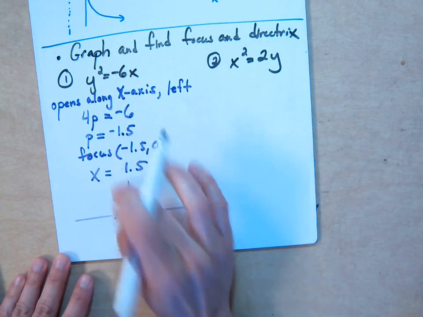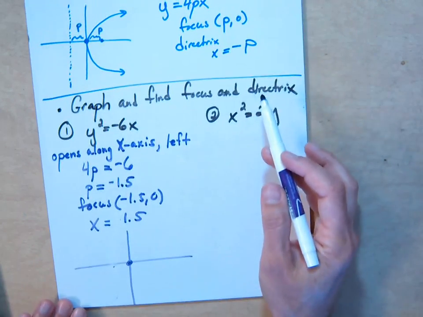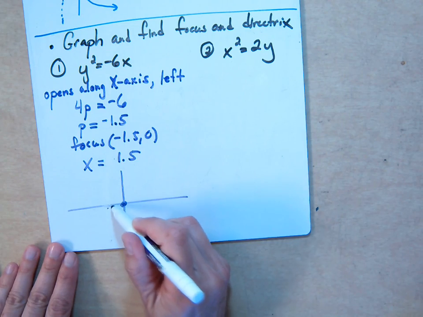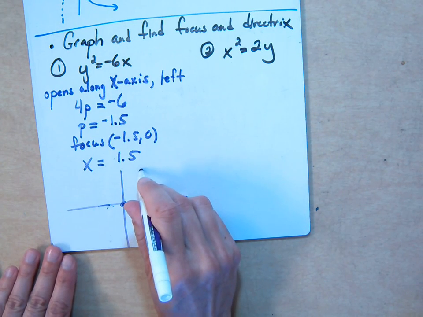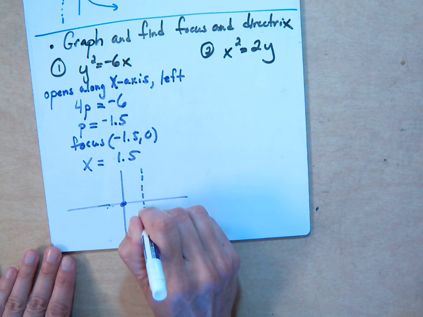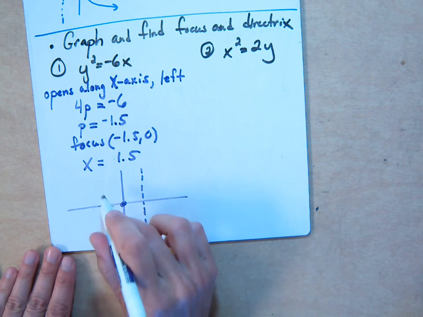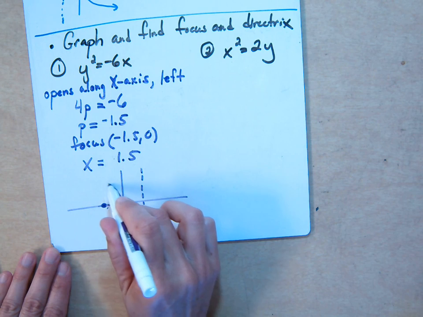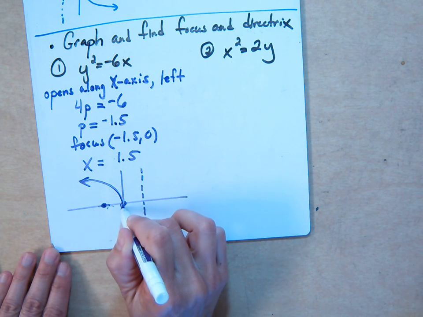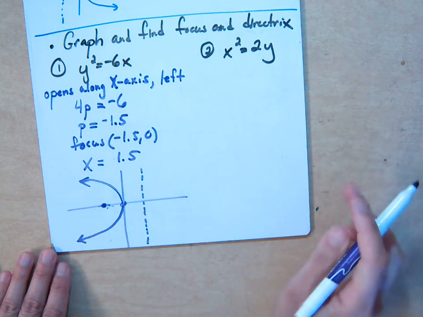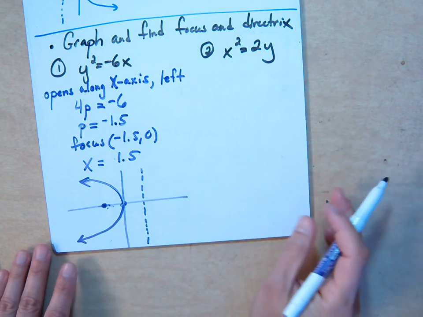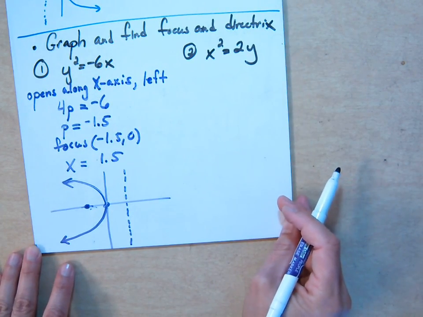This is positive 1.5. It's the opposite of p. So otherwise my graph wasn't going to make sense. So the directrix is over here at 1.5. The focus is at negative 1.5, 0, and then you can just go like this to sketch it. You don't need any other points. Just graph the focus, directrix, and fill it in.